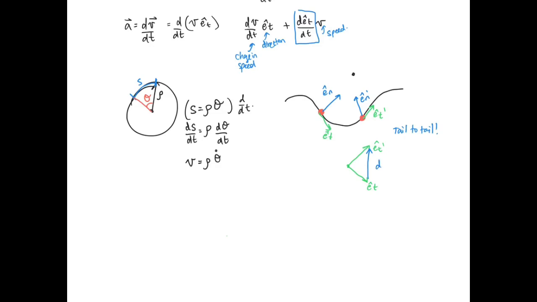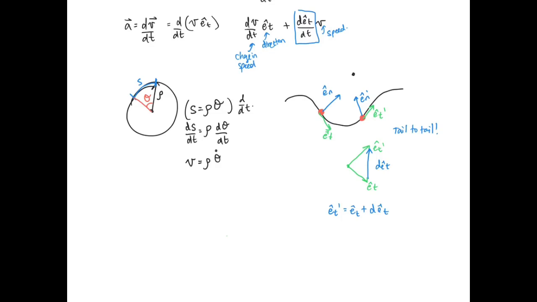So this would be our DET. If we write this out as an equation, we have the new unit vector, ET prime, is equal to the first unit vector plus the change in the unit vector, and that's just simple vector addition.